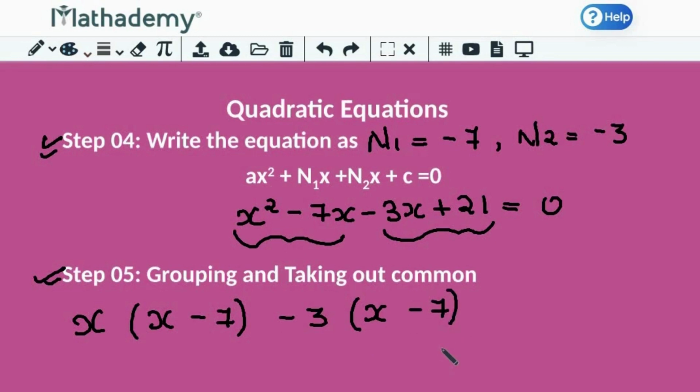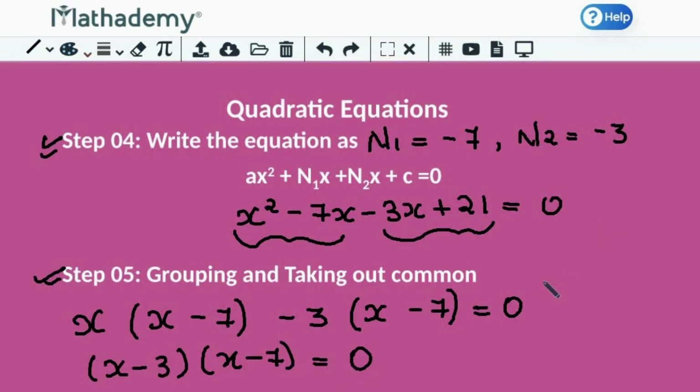One thing to be noticed over here is the brackets after taking out common should be the same. And this is equal to 0. Now I'll give the bracket to the numbers that do not have the bracket. So in this case, it's x minus 3, x minus 7. This is equal to 0.